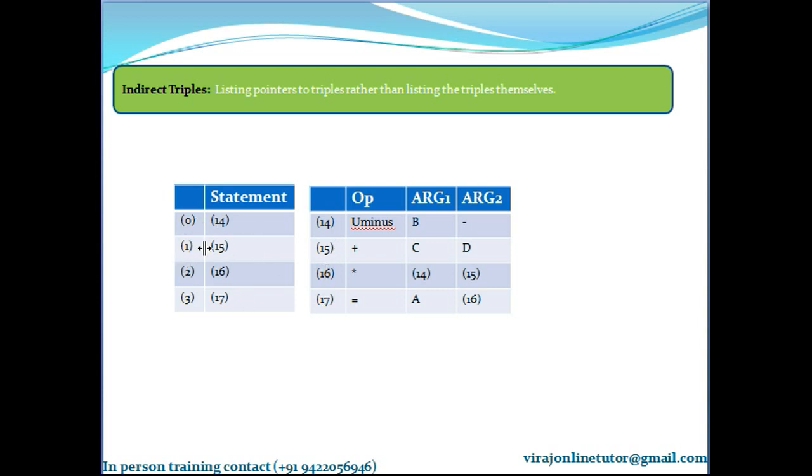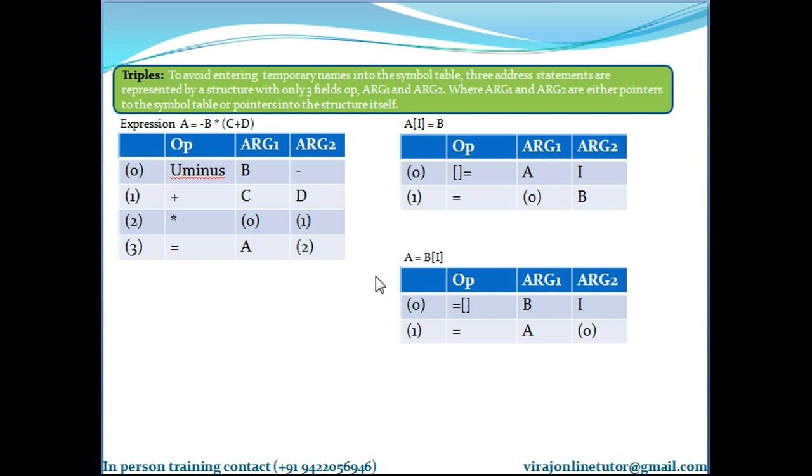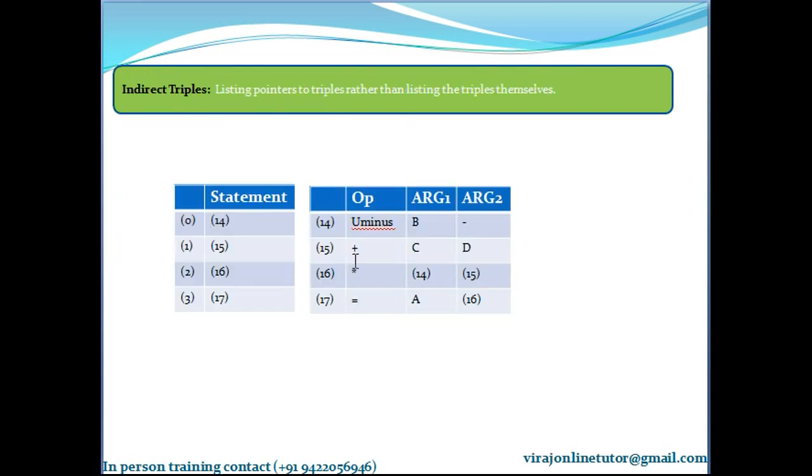So now, in place of 0, 1 and 2, I have 14, 15, 16. Tomorrow if they decide to change the memory, then I have to just change this particular data structure and the entire triple remains as it is. Tomorrow if 0 is moved to address number 19, then just make it 19 here.